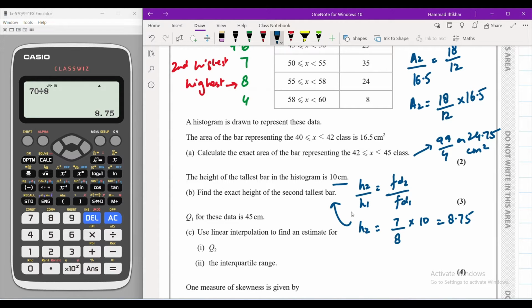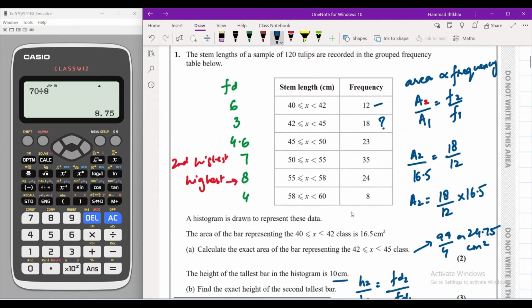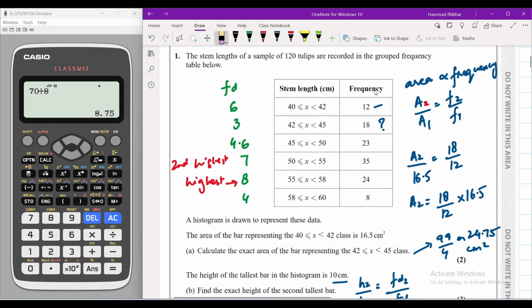Q1 for these data is 45 centimeters. That is the lower quartile. Use linear interpolation to find an estimate for the median and the interquartile range. So basically we need the median and the upper quartile. First off, we need to figure out the cumulative frequency.